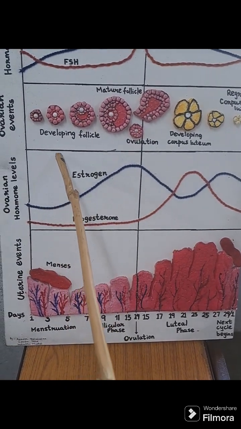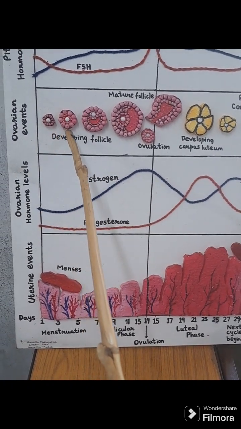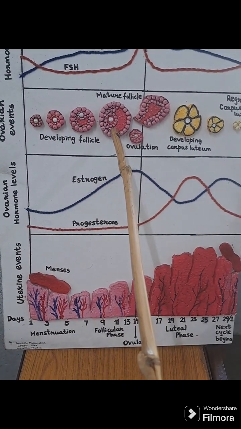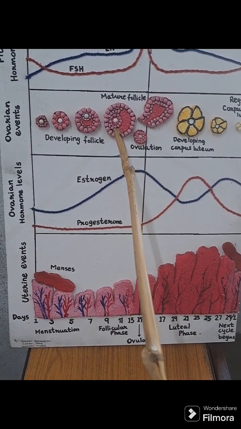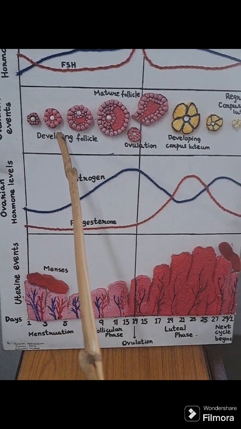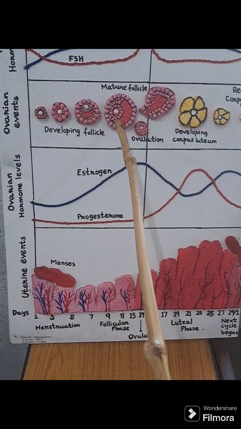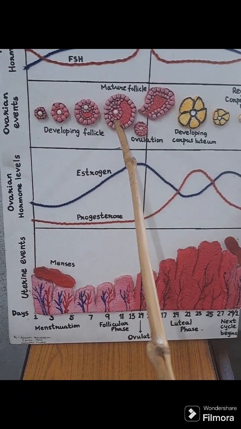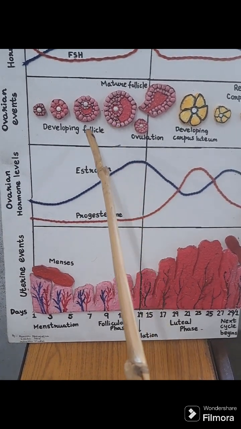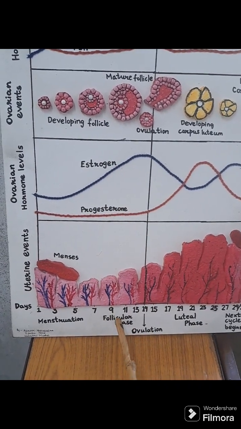You see here in the ovarian event, the primary follicle develops into secondary, then tertiary, then this one is the matured Graafian follicle. And inside this follicular tissue the ovum is developing. So due to growth of these follicular tissues, this is called the follicular phase.